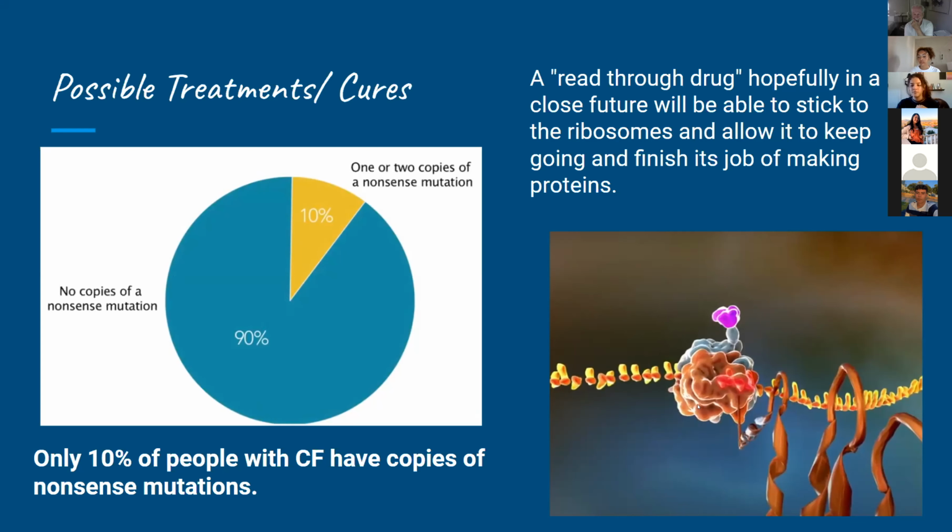When the ribosome goes through the red part, which is a mutation on the mRNA, it will just read through it. It will technically skip it, so it won't stop. It will keep going and finish its job making protein. That would hopefully make it like there was never a mutation, really.